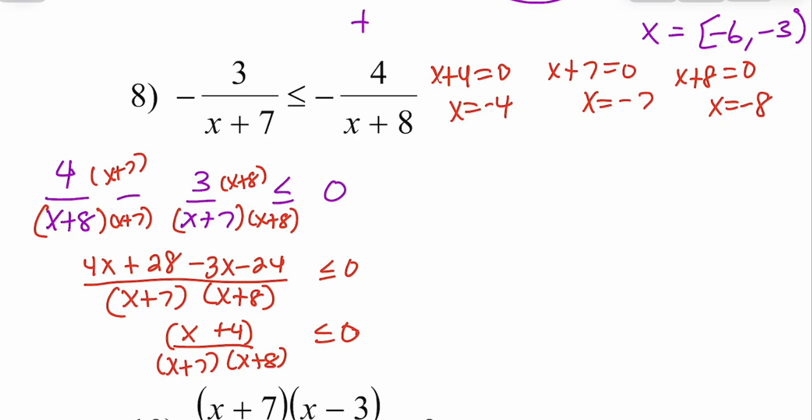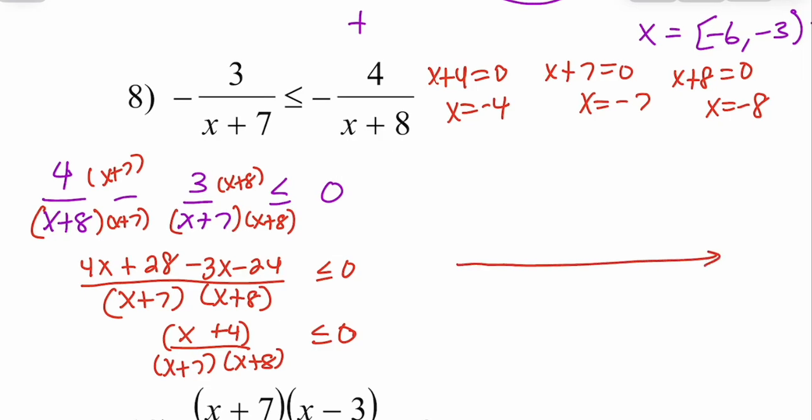We're going to put those on the number line from least to greatest order. Number line order. The factor from the top, this one. We have to look at the symbol that was in the problem. The symbol in the problem had the equal to.